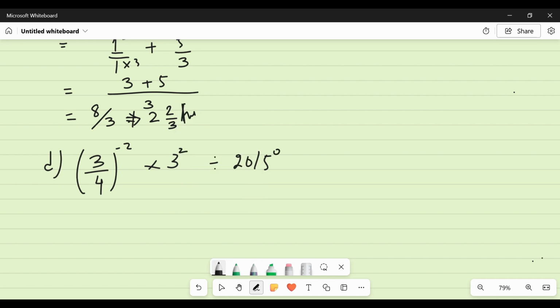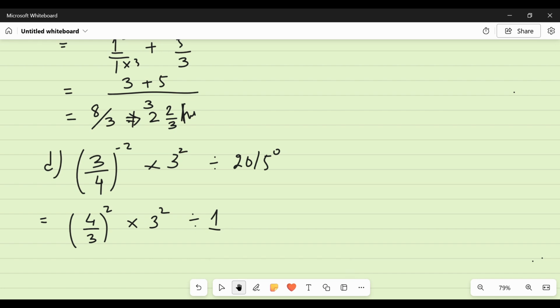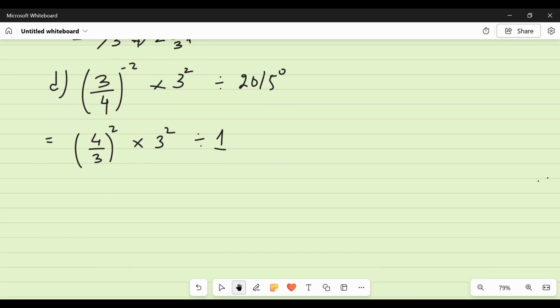So this whole fraction will be reversed. So 3 over 4 becomes 4 over 3. The negative sign will be changed into positive, times 3 to the power square. This divided by 15 to the power 0 is converted into 1, so divided by 1, right? There is no need to write divided by 1 here.